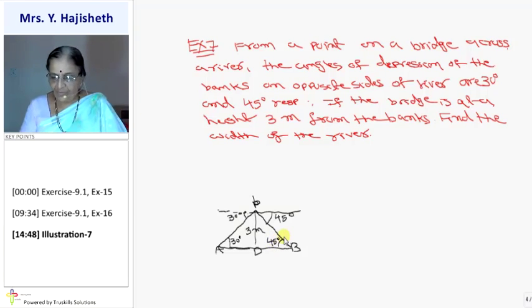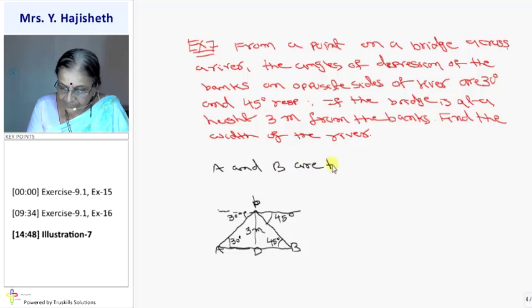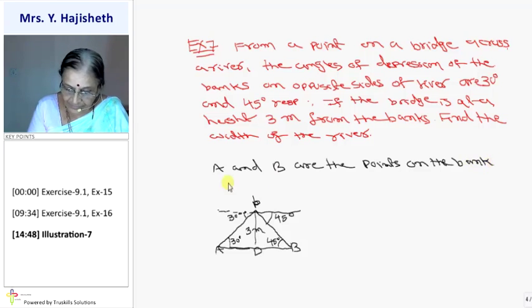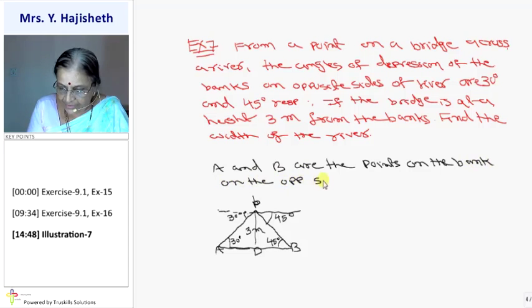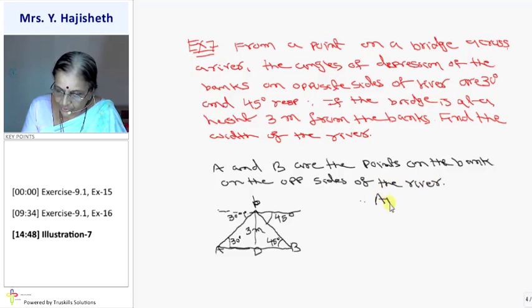Now I can say A and B are the points on the bank of river, but the opposite sides of the river. Both points are on the opposite side of the river. So this AB represents the width of the river.